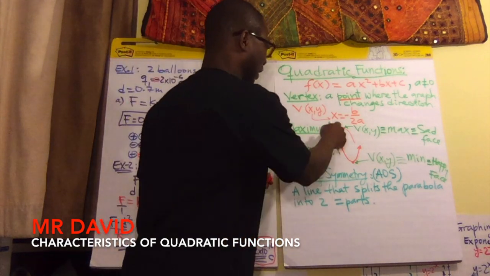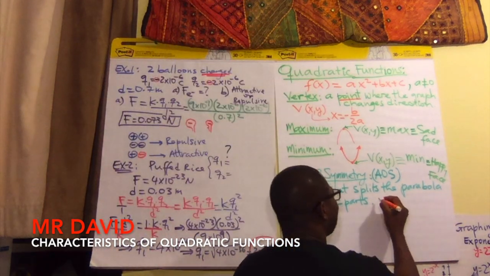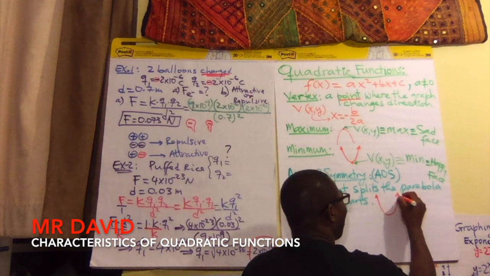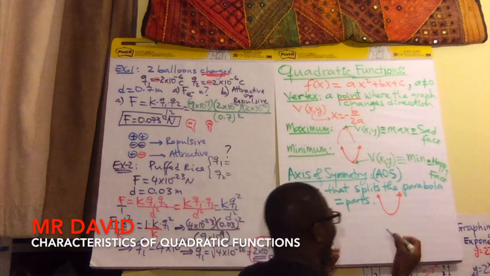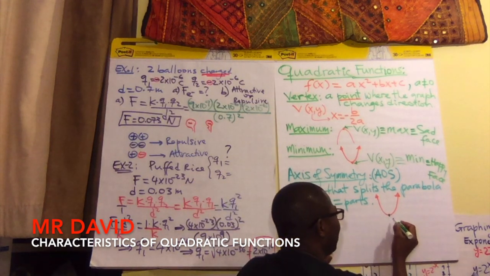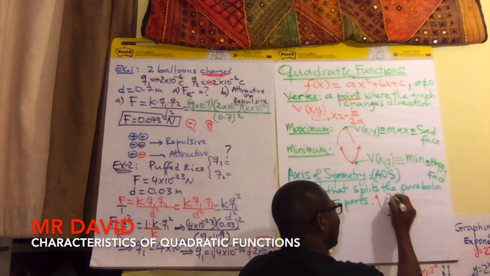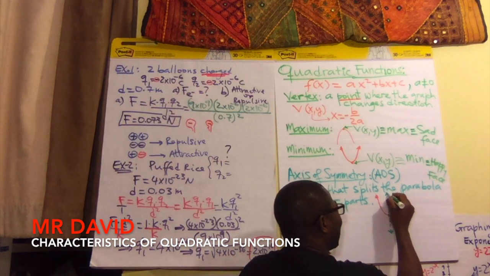So I'm going to redraw another one. My parabola like this, this happy face. Right here where the vertex is, the minimum, I'm going to draw the line. I'm going to put an arrow on top and at the bottom.